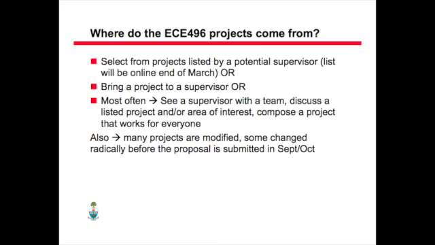Sometimes it's a hybrid. You might be looking at the projects they have this year and find some sort of derivative of that and propose it to the professor. The process is usually just identifying some potential supervisors, going to see them with the team, discussing areas of interest, and then coming up with something that everyone agrees with.